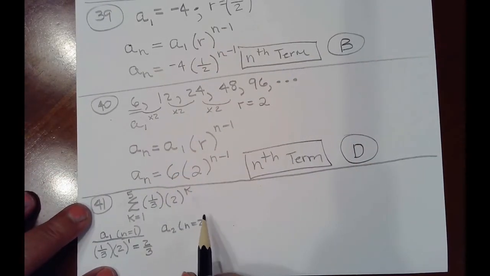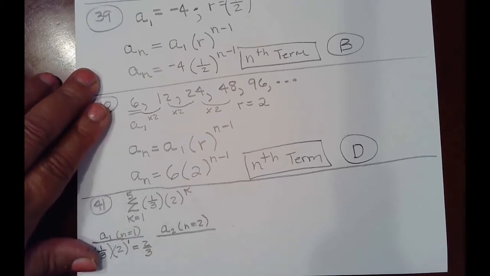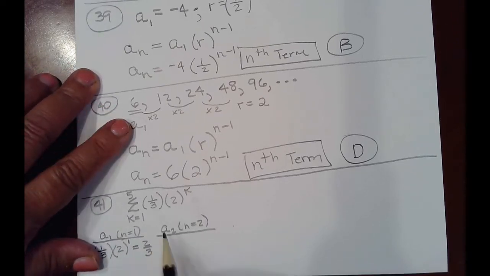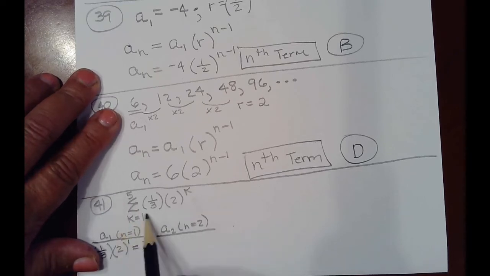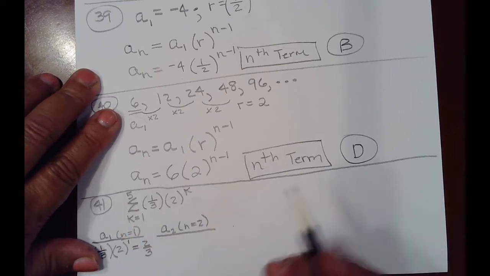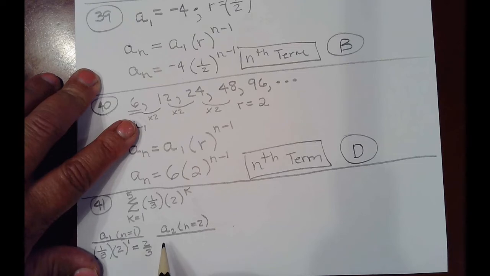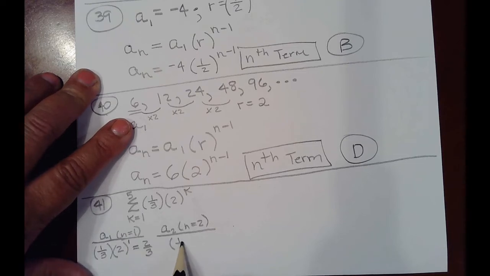N is equal to 2 when you're looking for the second term in the series. It's called a series now because this means to add all the terms together. So anyway, you have 1/3, and this time it's going to be 2 raised to a power of whatever your k value is.